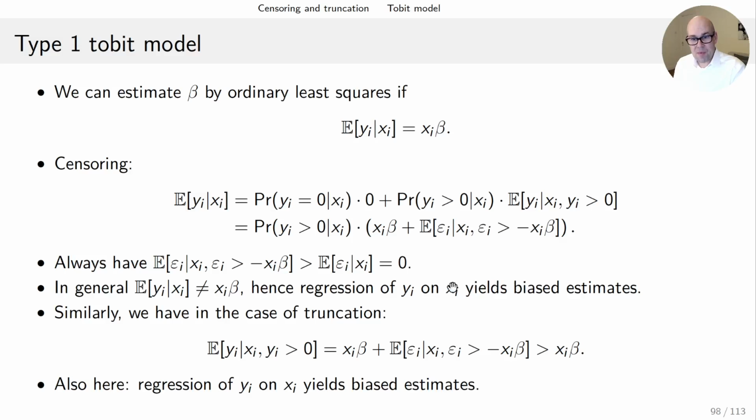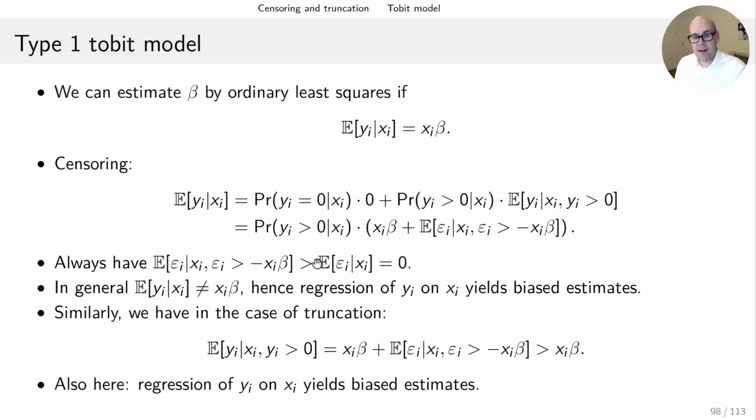What we do know is that the expectation of epsilon given x, and given that epsilon is bigger than something, is always bigger than the expectation of epsilon given x, which is what we would have in the case without censoring.